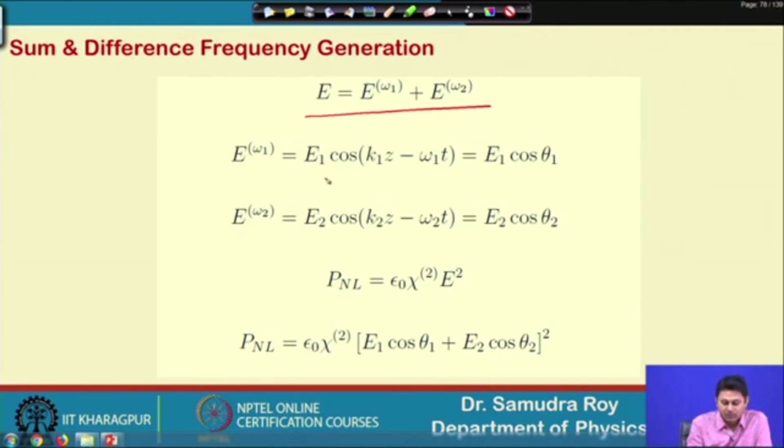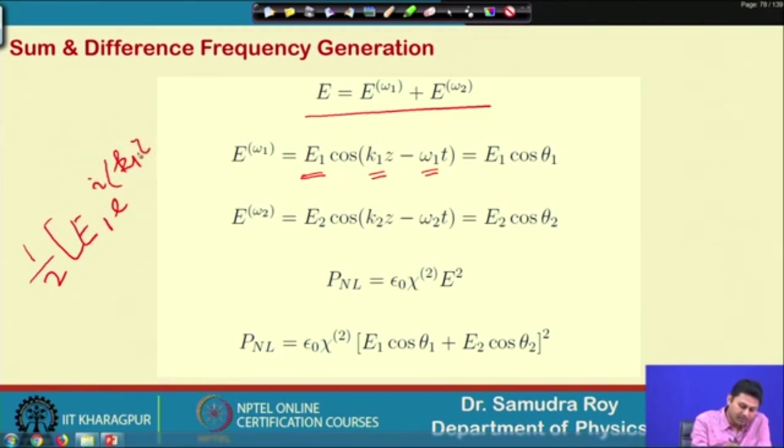So, I write E omega 1 with amplitude E 1, propagation constant k 1 and frequency component omega 1. E omega 1 is a real electric field, so E 1 cos of k 1 z minus omega 1 t. If I write it with complex conjugate, it will be exactly the way we have written previously. It will be half of E 1 e to the power of i k 1 z minus omega 1 t plus complex conjugate. This is nothing but E of omega 1.